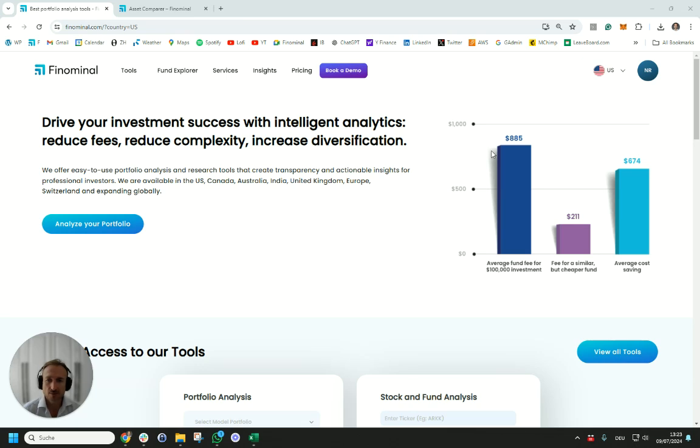Today we're going to look at IQ's Merger Arbitrage ETF that trades under the ticker MNA. Now what's Merger Arbitrage? Merger Arbitrage is a traditional hedge fund strategy that aims to provide uncorrelated returns and diversification benefits.